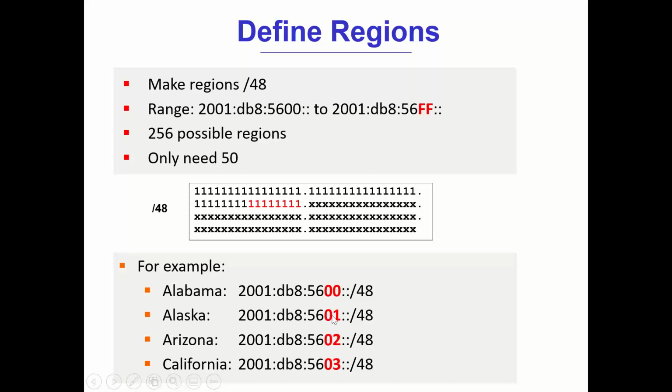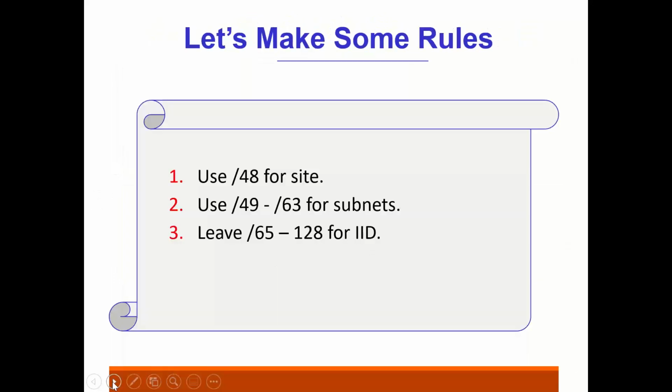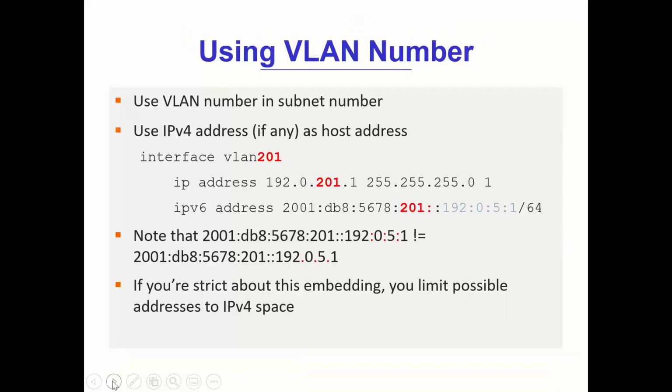Alabama is not near Alaska, which is not near Arizona, which is not near California. So it's not going to be able to aggregate at this /56. What you might do is make my southern region 0, my northern region 1, and so forth. You see what I'm saying? It's a much better way to think about that.